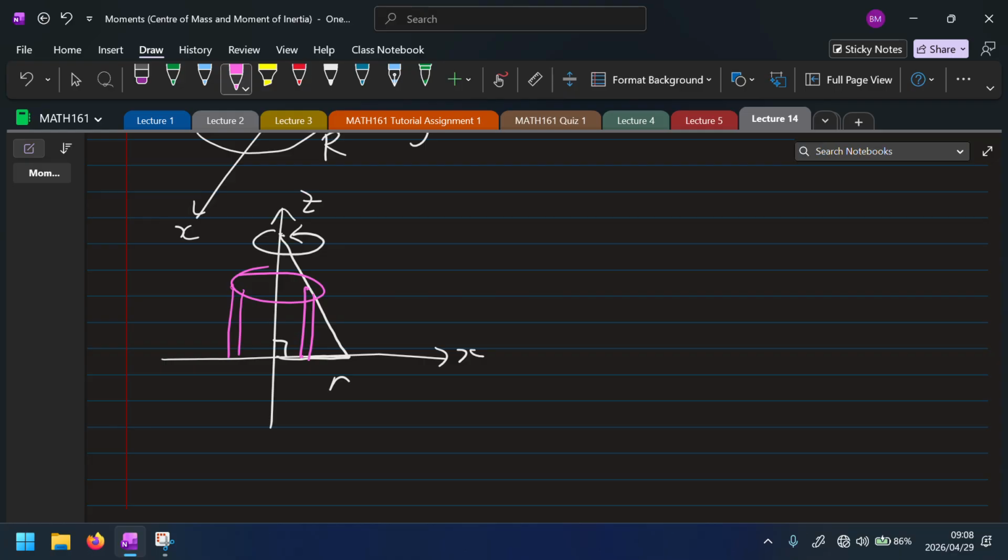At some radius, there's going to be a shell there. So this dv is 2 pi rh dr. Did everyone see that? From the shell method we did last week?